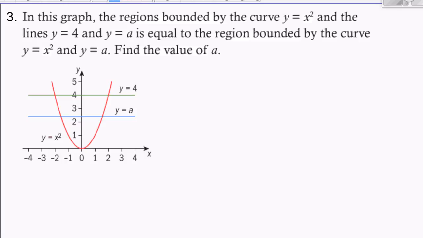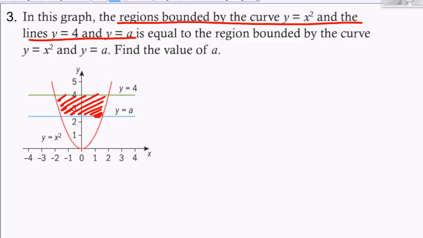Okay, so we have two conditions here, and what they are saying is the region bounded by the curve and the lines y is equal to 4 and y is equal to 1, which is that, is equal to the region bounded by the curve and the line y is equal to a. So this part. Those two are equal. Find the value of a.